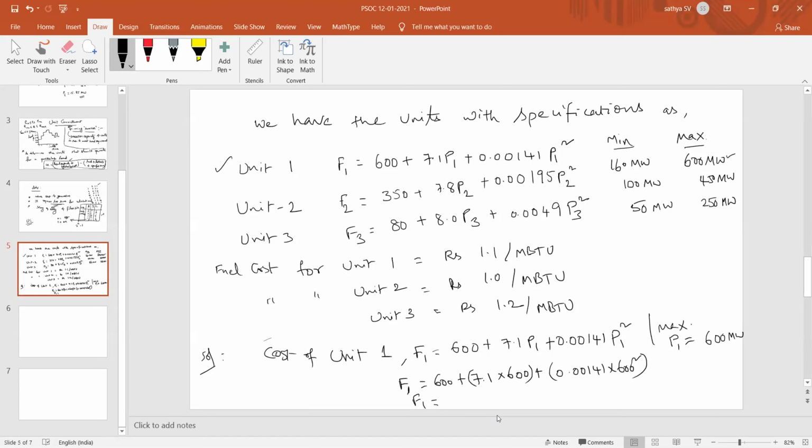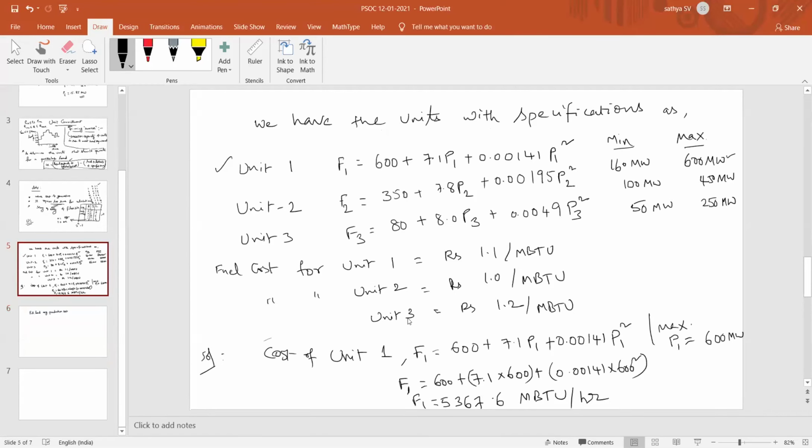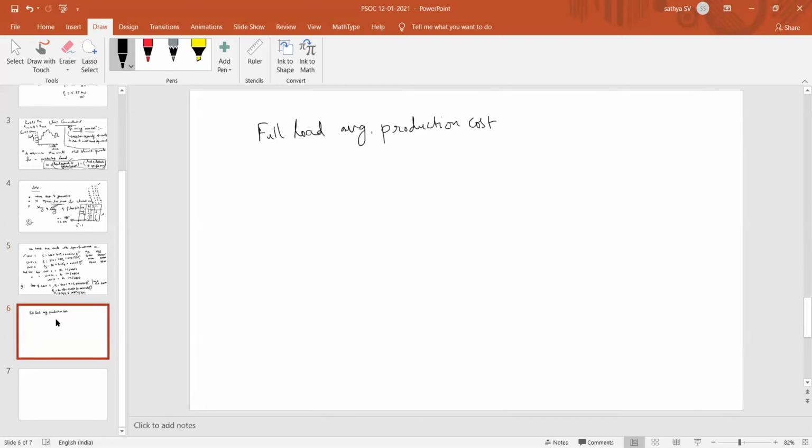Very important: you just need to focus on the methodology. See here how much we obtain. Your cost of unit 1 is 5367.6 MBTU per hour. Now we need to calculate the full load average production cost for unit 1.